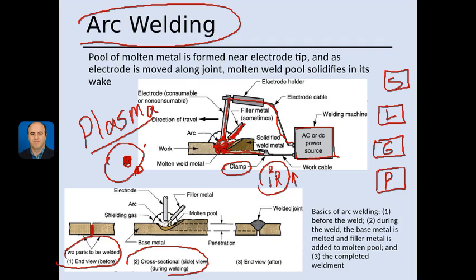Then we provide energy, and if we need filler material, for example to fill a gap, filler metal is used. When you use filler metal, it is called non-autogenous welding. Finally, in the cross section, you see we have this weld.